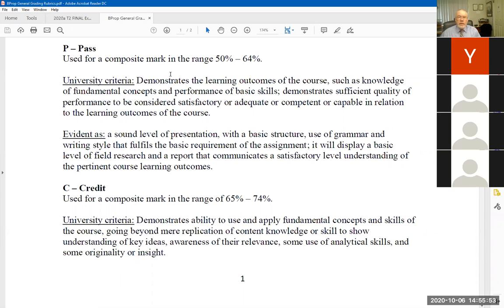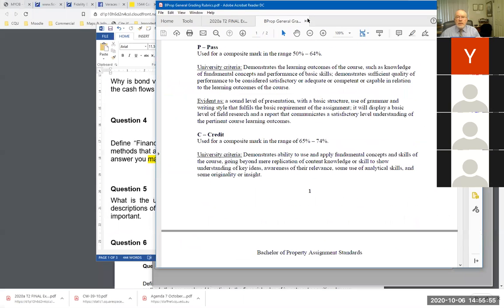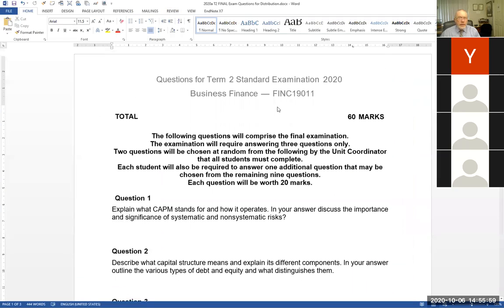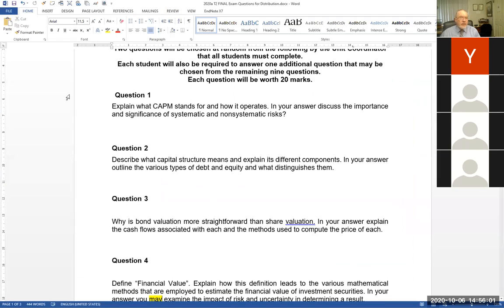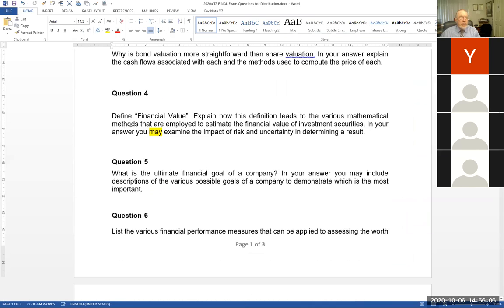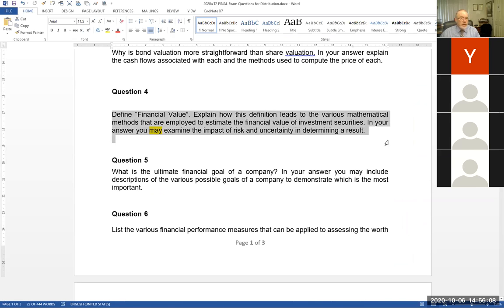The Word document will look a little bit like this. It'll have the text of these 11 questions, except 2 of them, and I don't know which 2 they're going to be yet, but 2 of them will be at the very top of the page, and they will be compulsory.